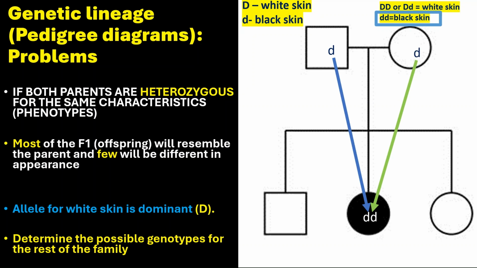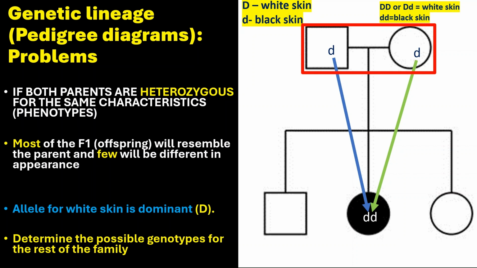So the father and the mother gave birth to the child through fertilization. That means the father must be carrying the recessive allele for black, and the mother too. If you look at the parents again, they are both white, even though they carry the black allele.